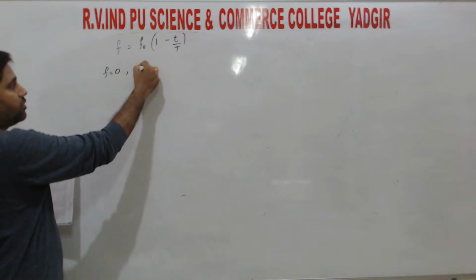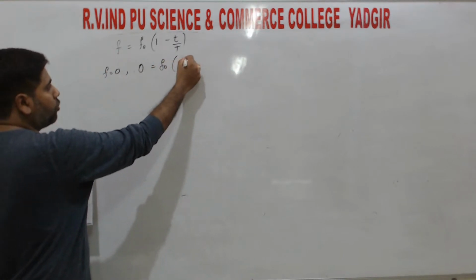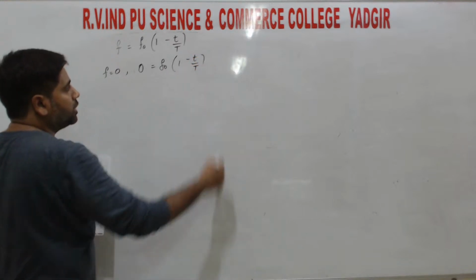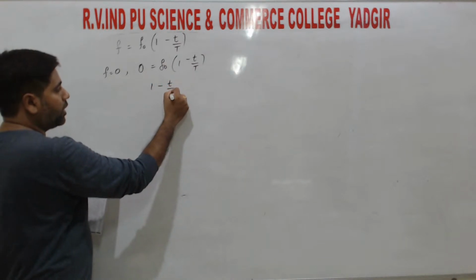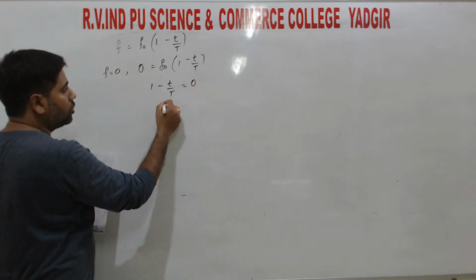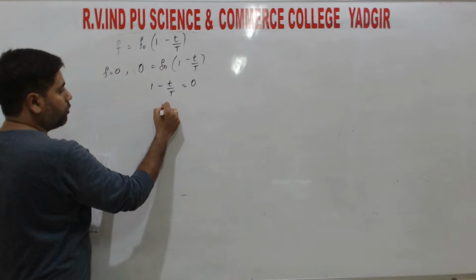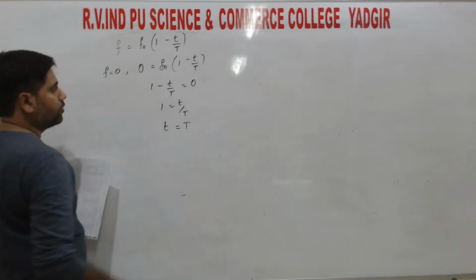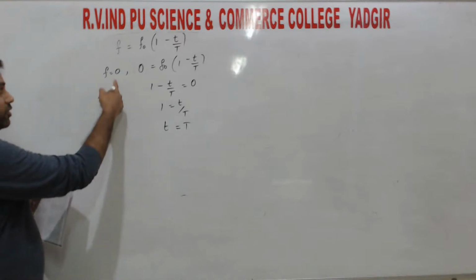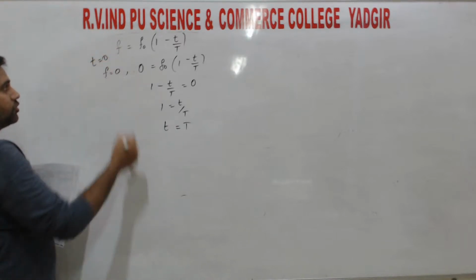So substituting 0 equals f naught into 1 minus t divided by T, right? So f naught is not 0, 1 minus t by T equals 0, so 1 equals t by T, so t equals T, right? So when f equals 0, t equals T.